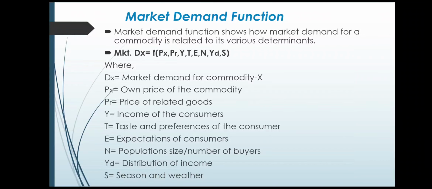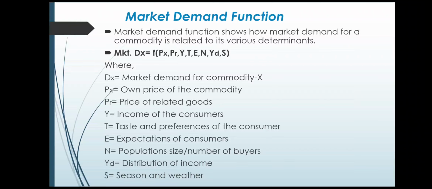Now the next part is market demand function. Market demand function shows how market demand for a commodity is related to its various determinants. Now, I have already told you that market demand is basically an aggregation of individual demand.